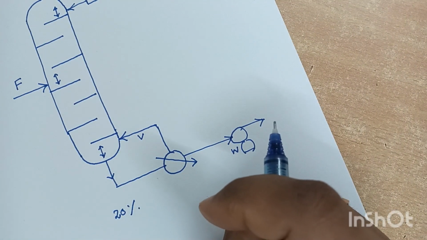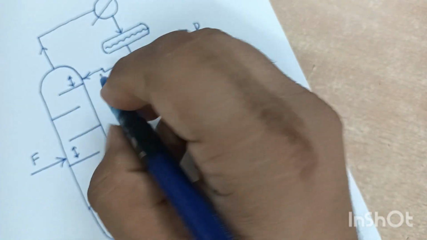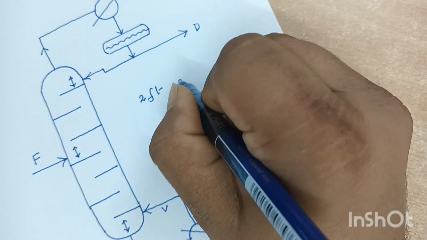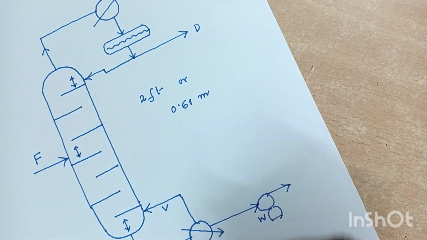Importantly, I must inform you that the spacing between the trays inside a distillation column is approximately 2 feet, or if you convert it into meters, roughly 0.61 meter.